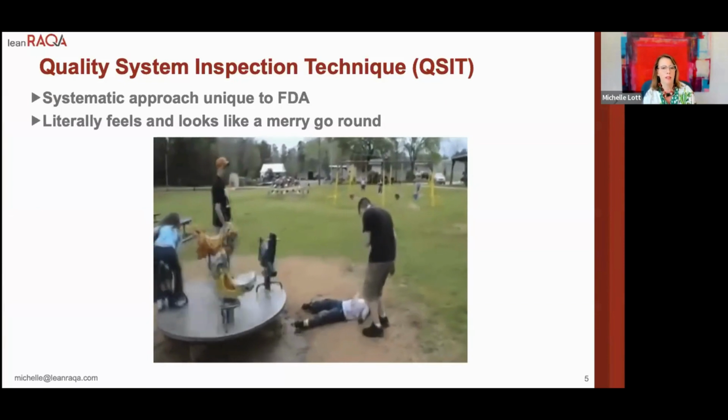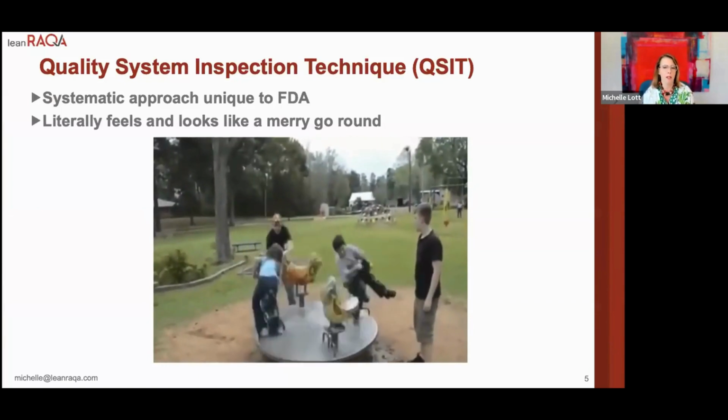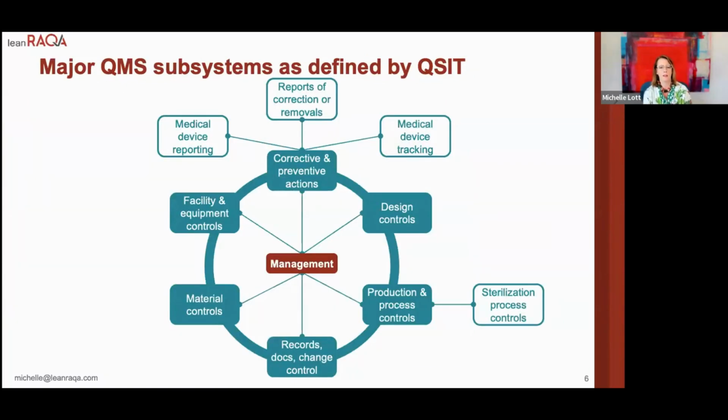It literally feels a bit like a merry-go-round, though, because it is an interconnected system approach with management with executive responsibility at the center. So you can see in our merry-go-round, we have management at the center and every subsystem, and some of the subsystems have got subsystems.